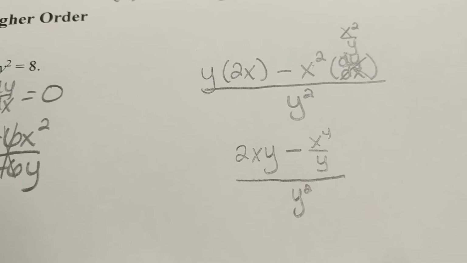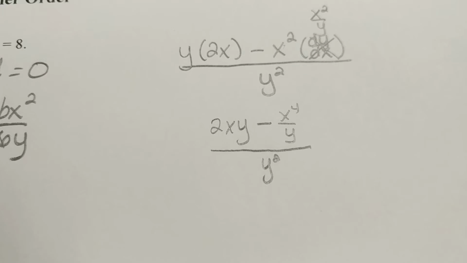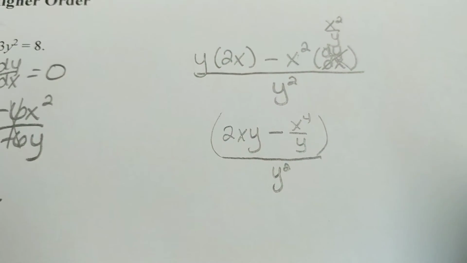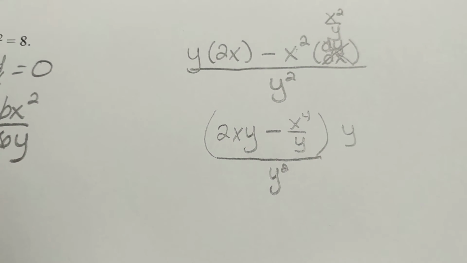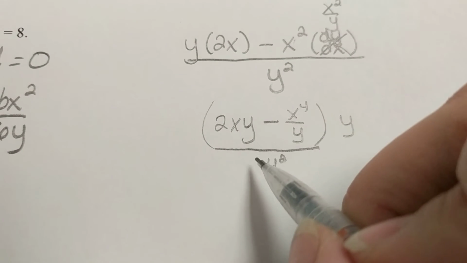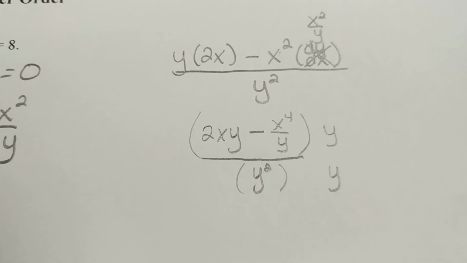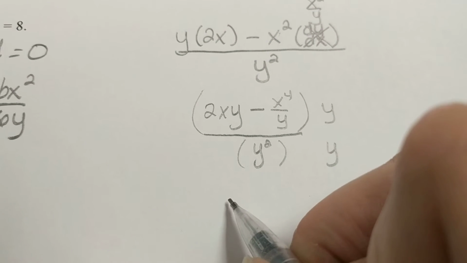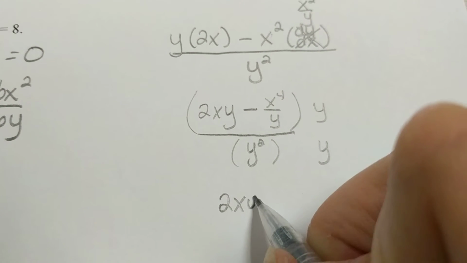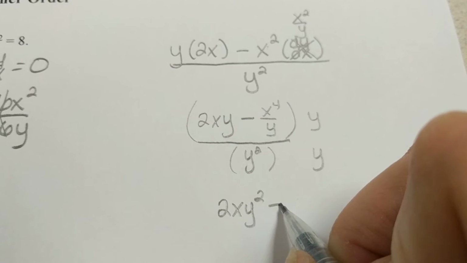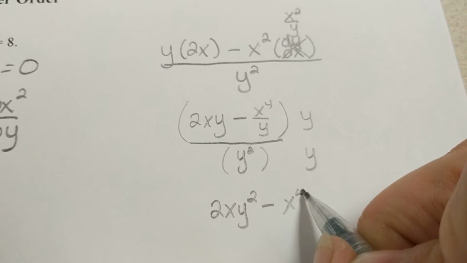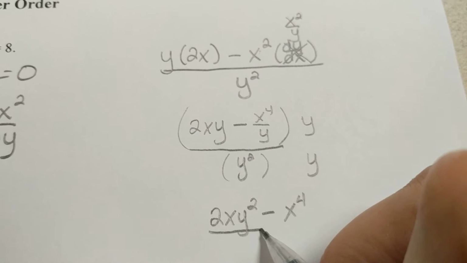So in order to get rid of this divided by y up on top, the easiest thing to do is multiply the entire top by y. But if I do that, I also have to multiply the bottom by y. So my final answer ends up being 2xy squared minus x to the fourth, all over y cubed.